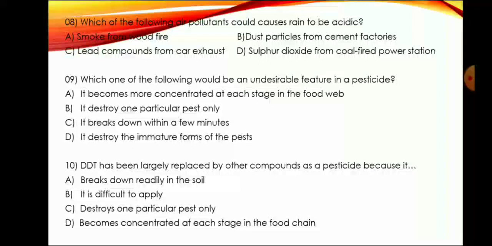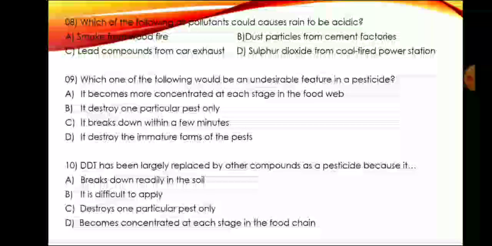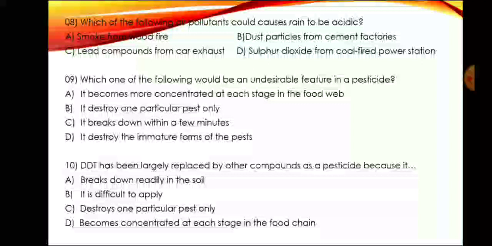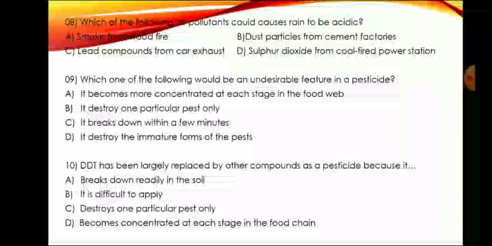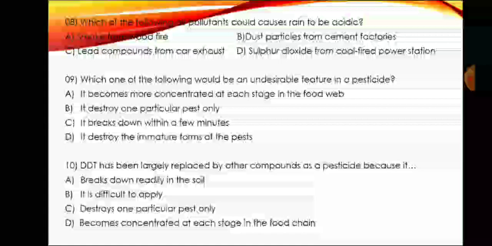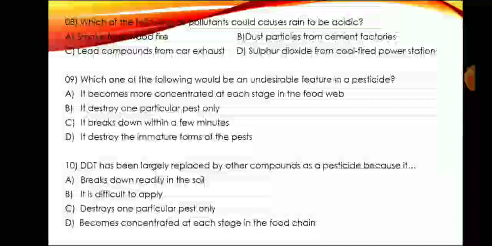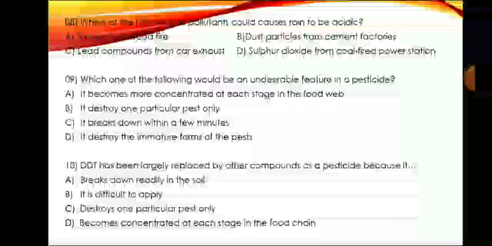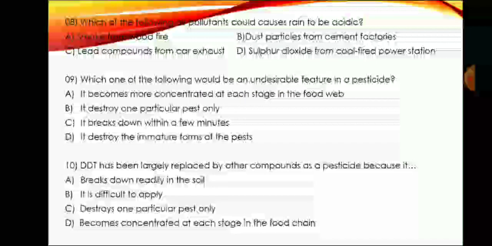So correct answer is sulfur dioxide from coal fired power station, that means option D. So when sulfur dioxide reacts with the water, then acidic rainfall takes place. In such a way the rain becomes acidic. So correct answer is number D.